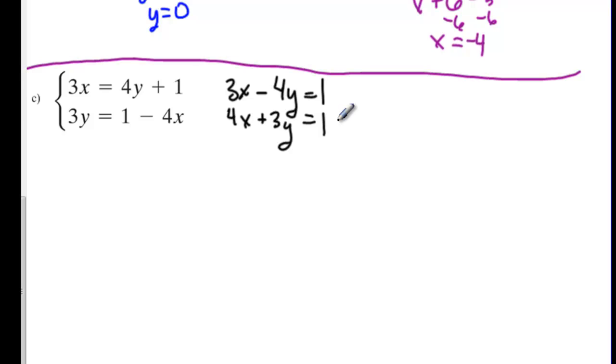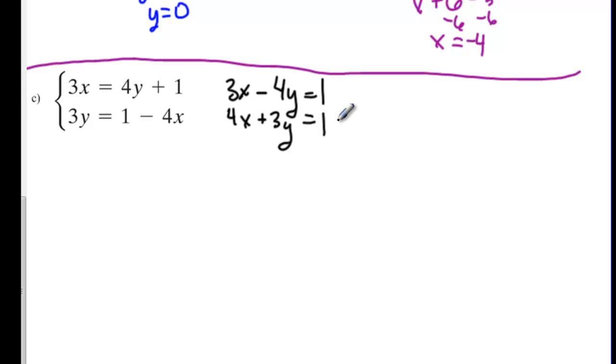All right, now looking at this, I don't have a really easy way to cancel my x's or my y's. I can't multiply one equation by a number that's easy and get them to cancel. So we're going to have to multiply both equations. Whenever I'm looking, I see that I have a -4y and a positive 3y. So I have those opposite signs.